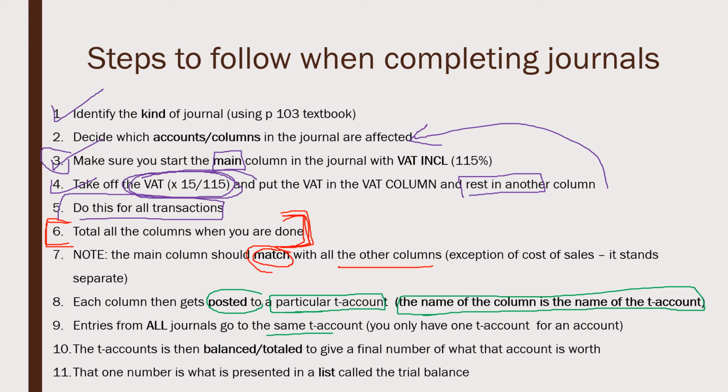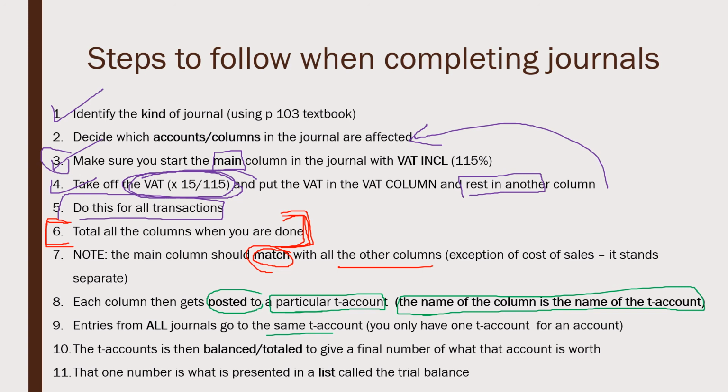And you'll see this the very first time that your lecturer illustrated the bank T account. You've got bank entries from the CBP and the CBR. It doesn't go to different bank T accounts. You have one bank T account, and whatever journal you've used bank in goes to the same T account.